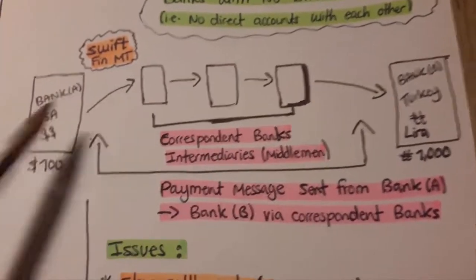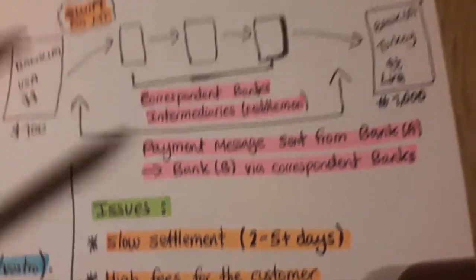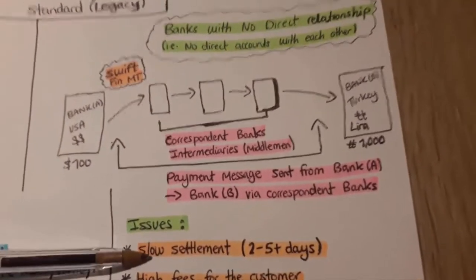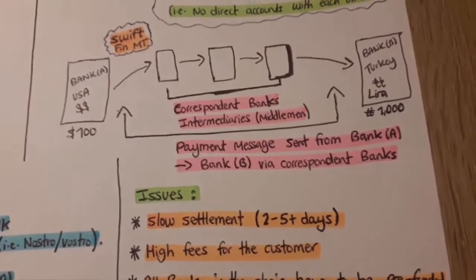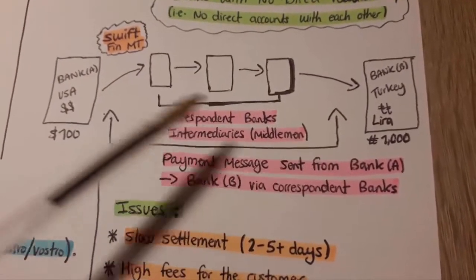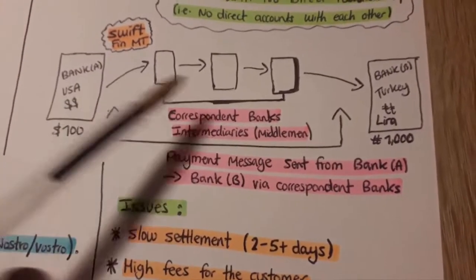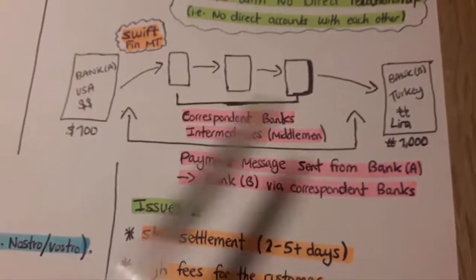Now, with this system, as you can see, it's a massive chain, and there are issues. Some of these issues are slow settlement times. With the banking that we have today, it can take 2 to 5 days plus, especially with some currencies, especially if it's a corridor, for example, or a currency where there's not a lot of volume between the two banks going forth.